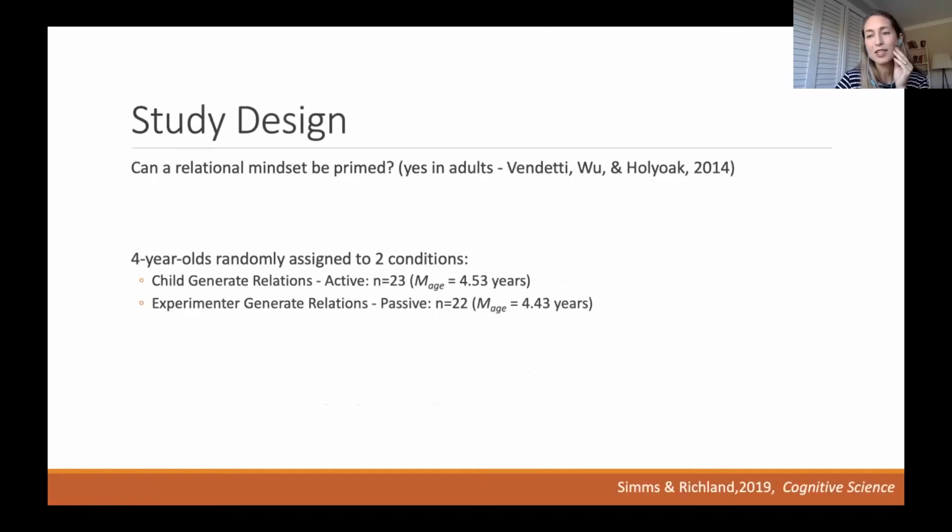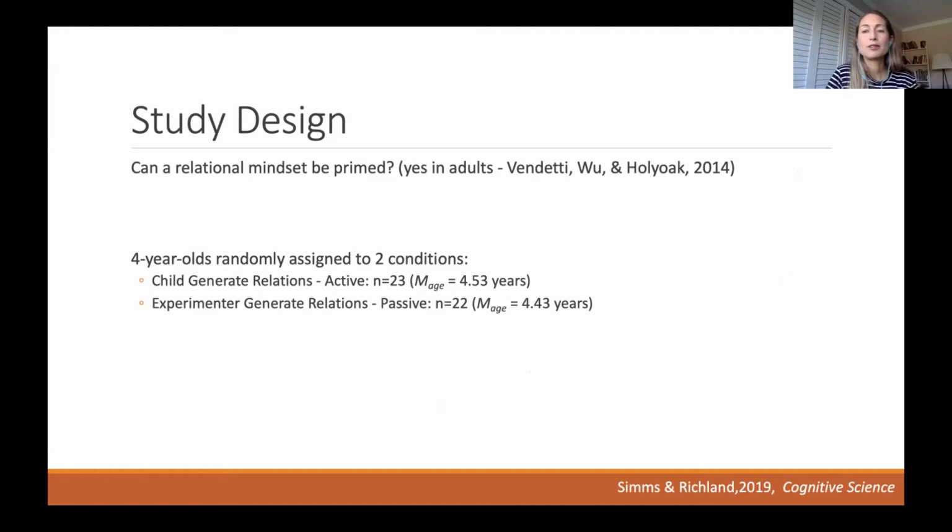So I want to focus on some studies looking at whether relational mindsets can be primed, right? So a mindset that would shift what you notice in a new setting, in a new context. We took part of a design used in adults with Debu and Holyoke, and we assigned 4-year-olds to 2 conditions.